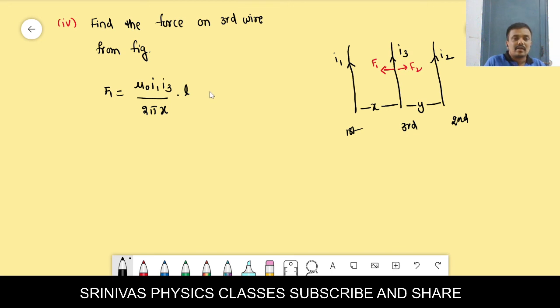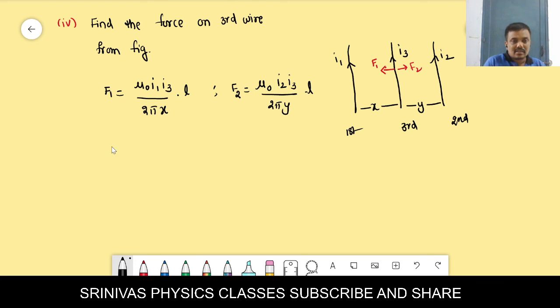What is the F2 formula? Force between I3 and I2. What is the formula? Not I1 I2, but here I3 I2 is there. By separation between them, 2 pi r. R is the separation between I3 and I2, that is y, into L.